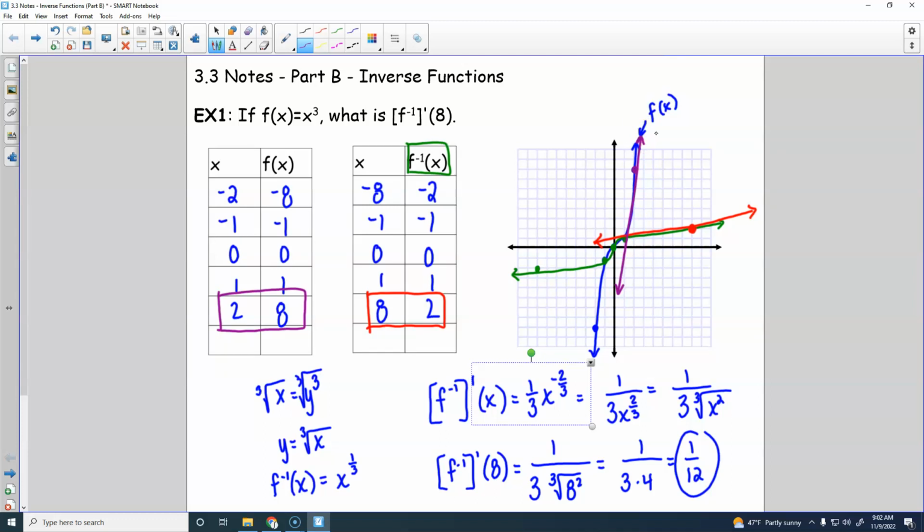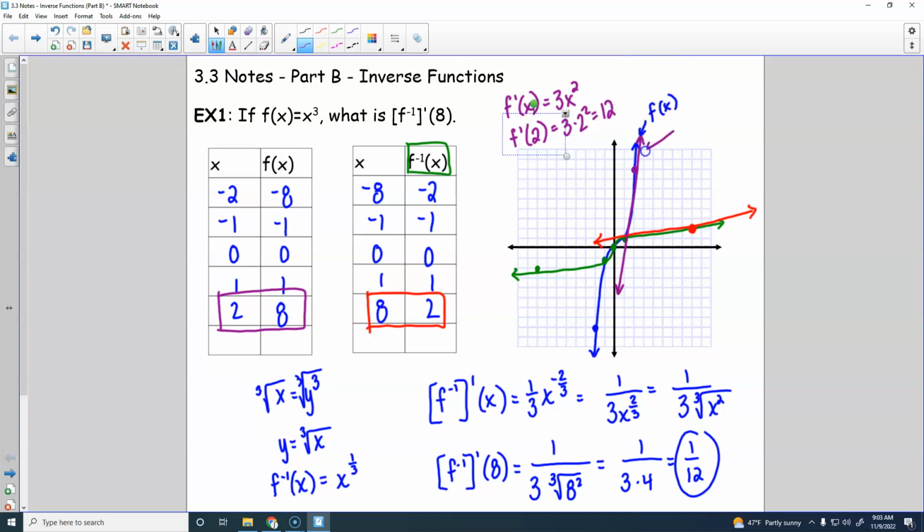So sometimes we might not be able to find the inverse, but I want you to look at what happens if I find f prime of x. That is going to be 3x squared. And if I plug in 2, right, which is the x-coordinate at our corresponding point, I will get 3 times 2 squared, which is 12.